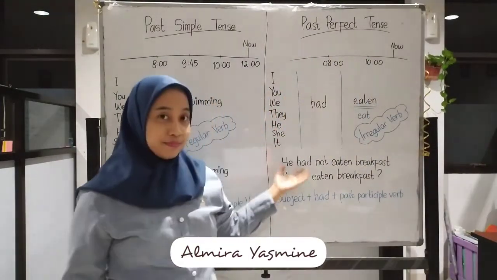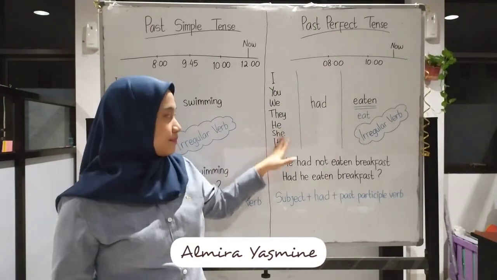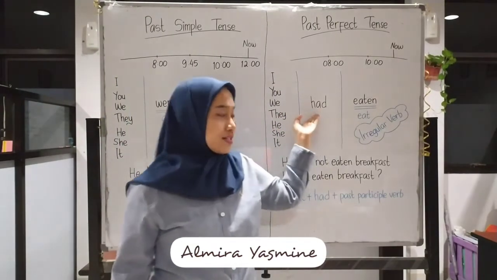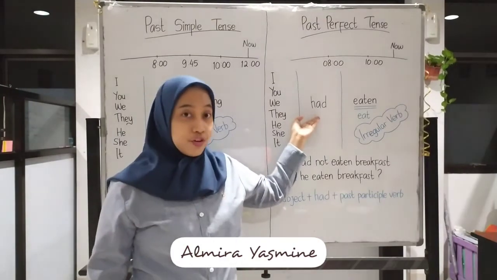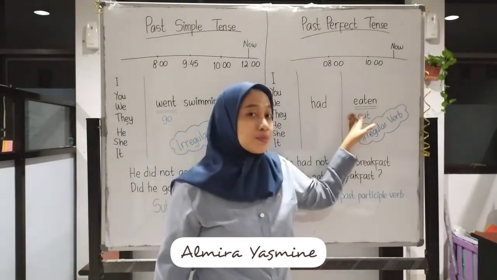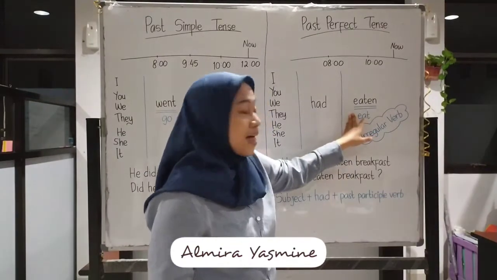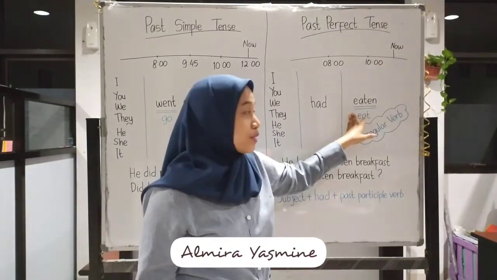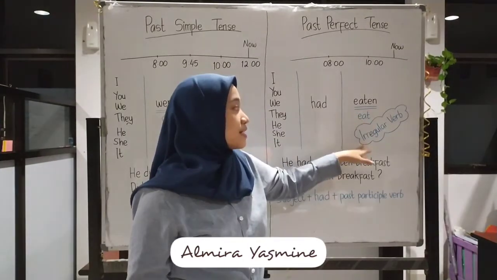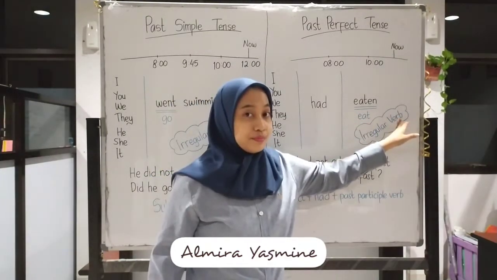And let's move on to the past perfect tense. Still the same, this is the subject and this is "had". Had is the auxiliary verb and eaten is the past participle verb. The present simple verb is eat, which is an irregular verb.